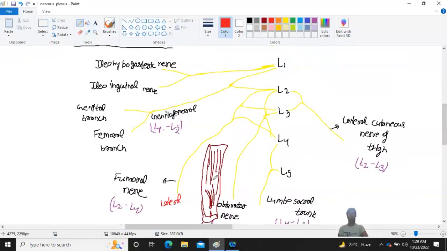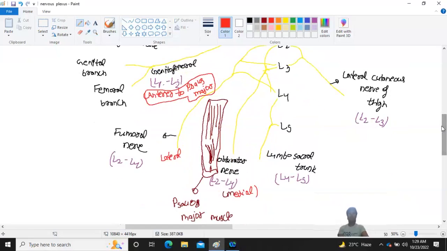It is present anteriorly to the psoas major. These are the relations of the lumbar nerves to the psoas major muscle.